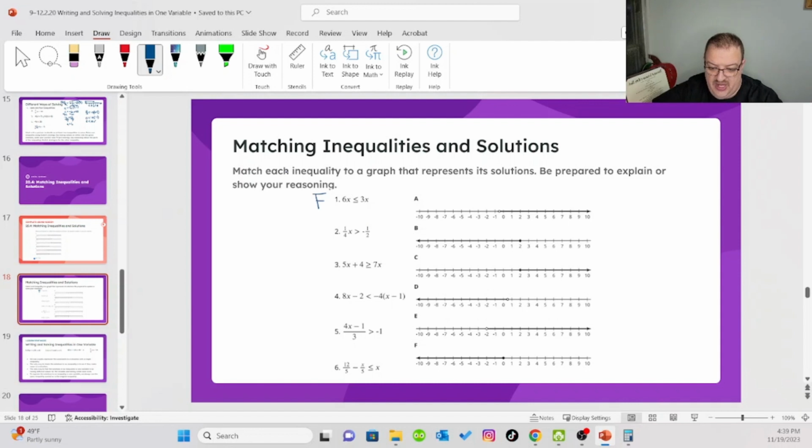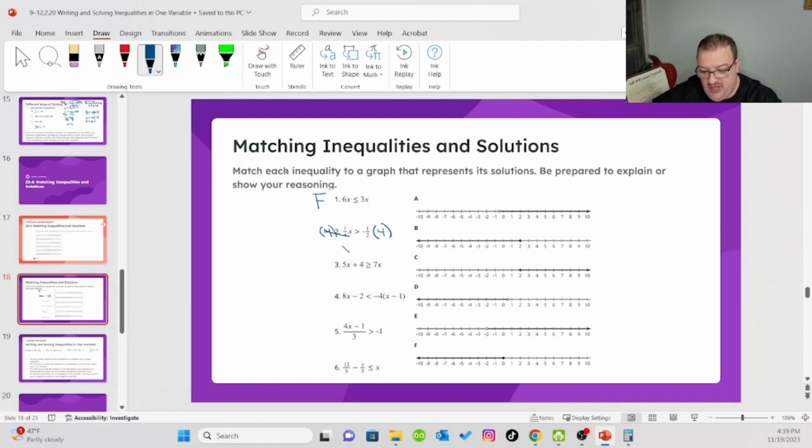Now we can look at the next one. I have 1/4 x is only greater than, so I'm going to be using one of my hollow circles. And it's greater than -1/2. So if I want to get rid of these fractions, I'm going to multiply by the bigger denominator. So I'm going to multiply the left side by 4, and I'm going to multiply the right side by 4.